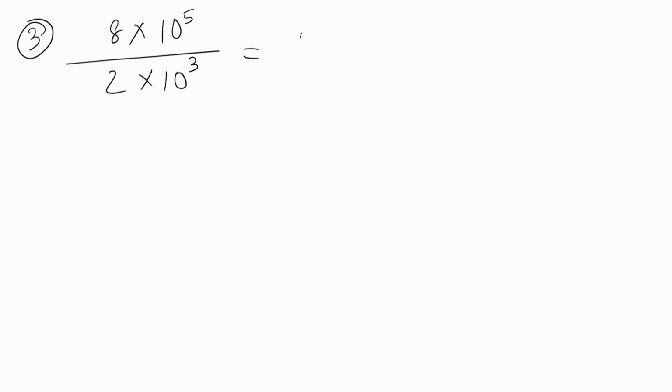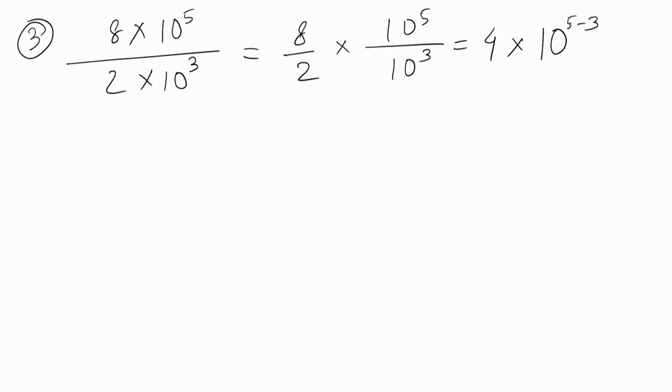So we will take 8 by 2 into 10 to the power 5 by 10 to the power 3. So we will do 8 divided by 2 is 4 into 10 raised to 5 minus 3, right? So we can write this as 4 into 10 to the power 2.